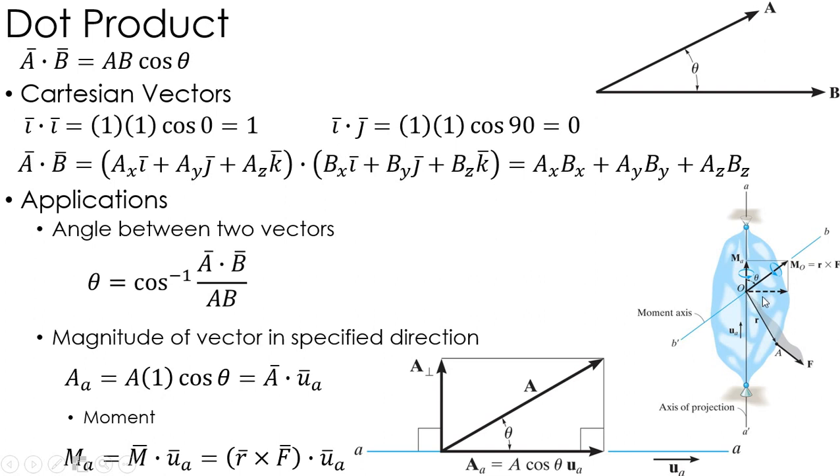This becomes very important in a moment type situation, because oftentimes I'm putting a moment on something, but I'm really only concerned about the component of the moment, say around the angle of twist. If I've got bearings here, I'm not always putting a perfect moment on them. I need to know the component of that moment in a certain direction. And I can do that by taking the total moment and dotting it with the unit vector in the direction that I'm interested in, to find the component of its magnitude.